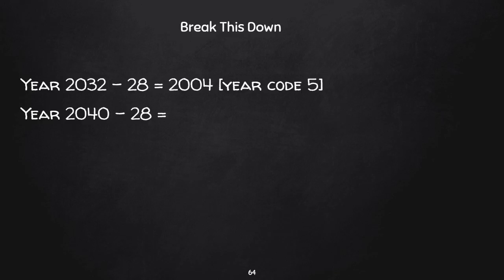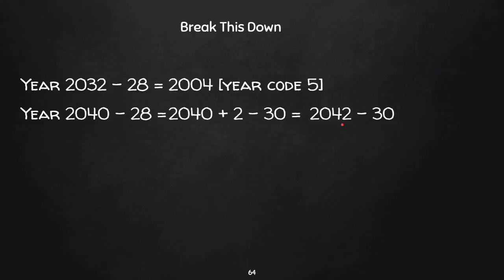So the simple mental math feat that we can do is add 2 and subtract 30 instead. So our solution becomes 2040 plus 2 minus 30, that is 2042 minus 30, which simply becomes 2012. And we already know the year code for 2012 is 1. So the year code of 2040 is also 1.